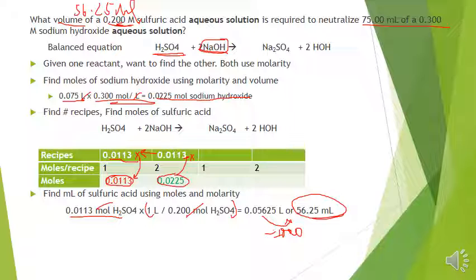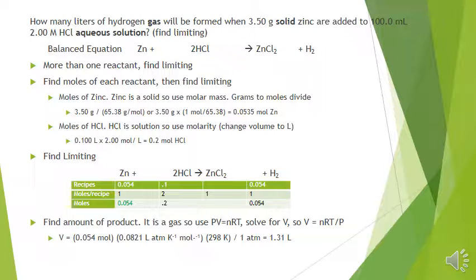There's a cool little quick formula you can actually use to figure this out, but this is a good way to do it because it tells you what you're actually figuring out. You need to find out moles and then figure out what you need. So the key is always find moles, then recipes, then moles again, and then figure out whatever you need.